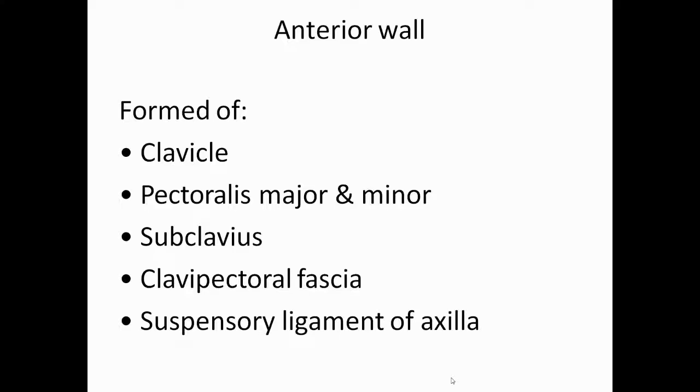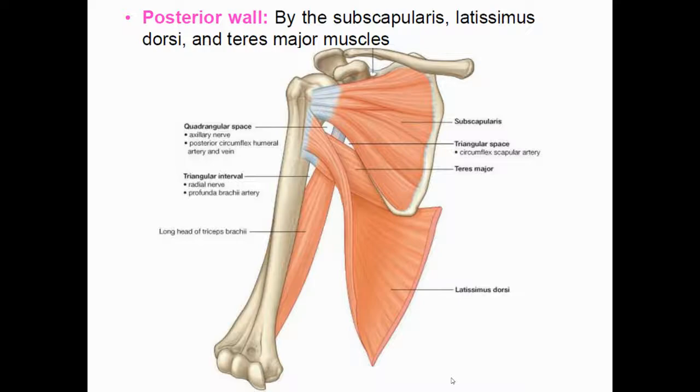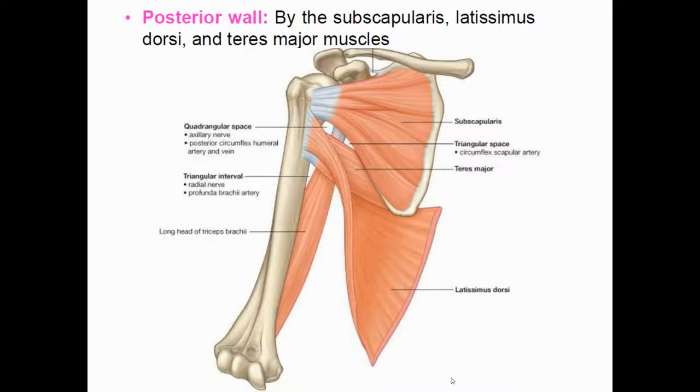The anterior wall is formed by the clavicle, subclavius, clavipectoral fascia, pectoralis major and minor muscles, and the suspensory ligament of the axilla. The posterior wall is formed by the subscapularis muscle, latissimus dorsi muscle, and teres major muscle.